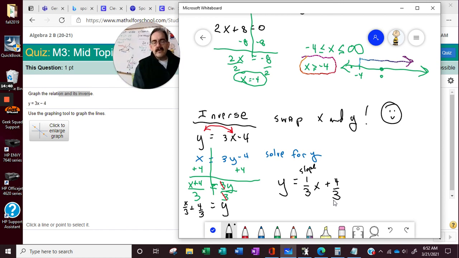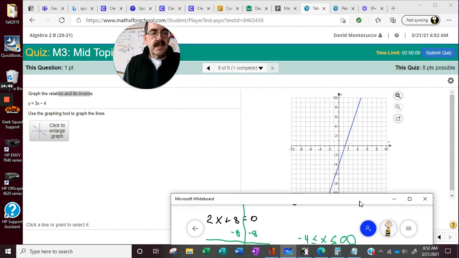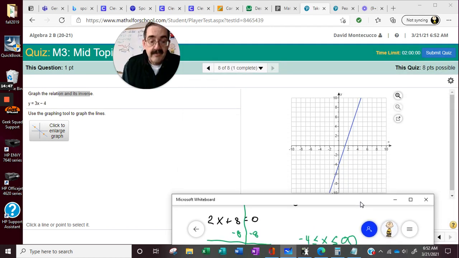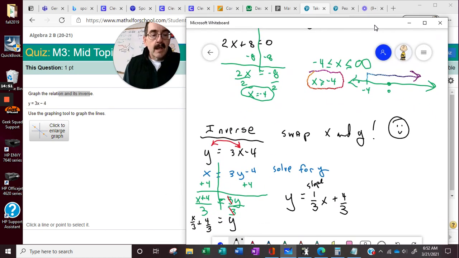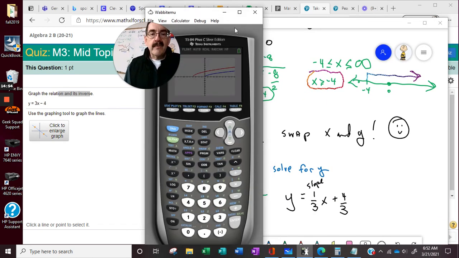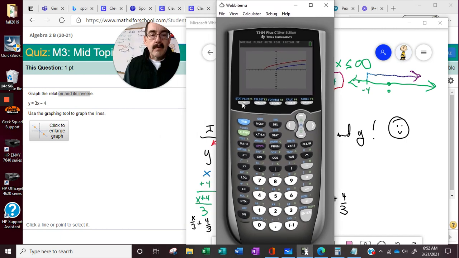Now comes the hard part. We want to find values that give us whole numbers because it's hard to graph partial numbers in Math Excel. Okay, so I'm going to cheat. I've got a graphing calculator. Go to y equals, I got to clear this and clear this.